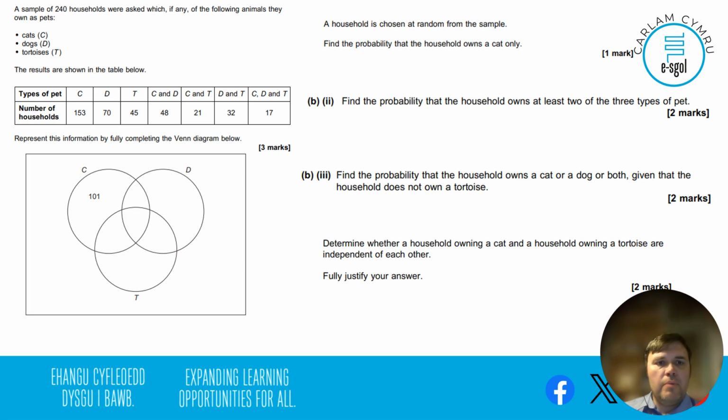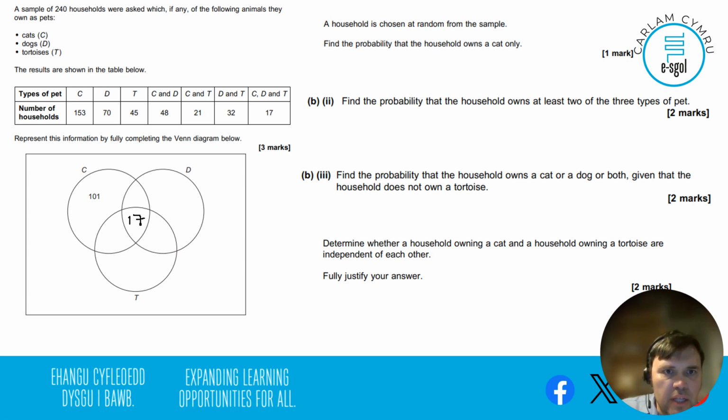With a Venn diagram like this, I would start with the center and then work your way out. So cats, dogs, and tortoises is 17. So there are 17 people who own all three, so we would put 17 in the middle. Now remember, this circle of cats here would add up to 153.